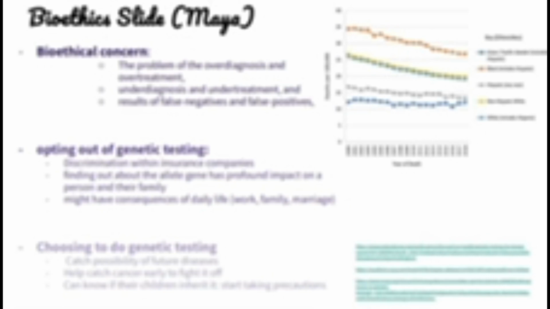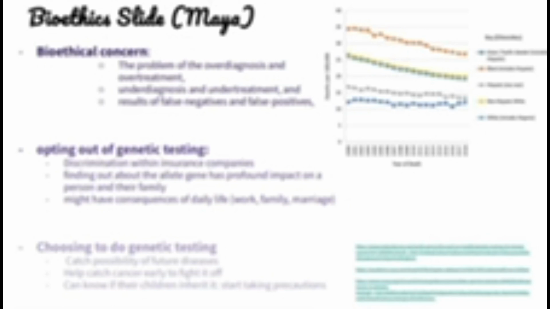Finding out about the allele gene has a profound impact on a person and their family. If you have it, your family doesn't know who needs to get tested, and it could cause chaos in families, especially if it was a false positive. It might also have consequences on daily life, like your work and your boss.